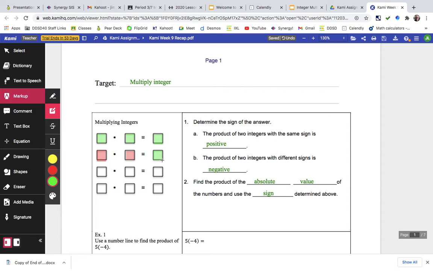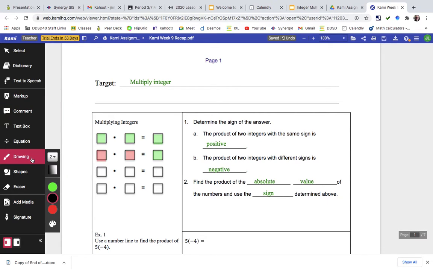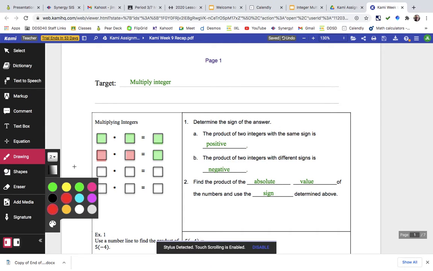when we added and subtracted integers. So I want to draw something just as a reminder. Back when we added integers, we had this picture right here.